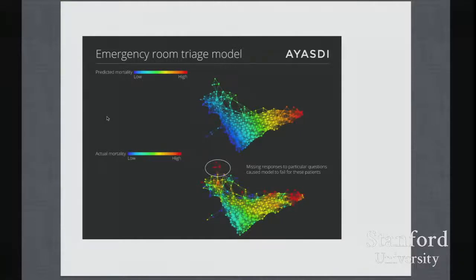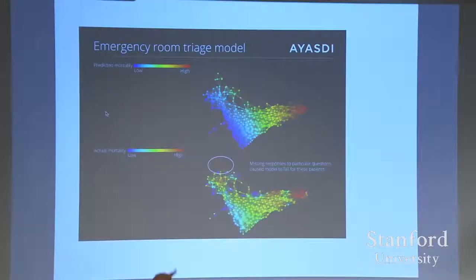At the top is the prediction of the model, and on the bottom is the actual data. You see right away that there's a systematic error up top, of people who the model thought would survive and who were actually dying.